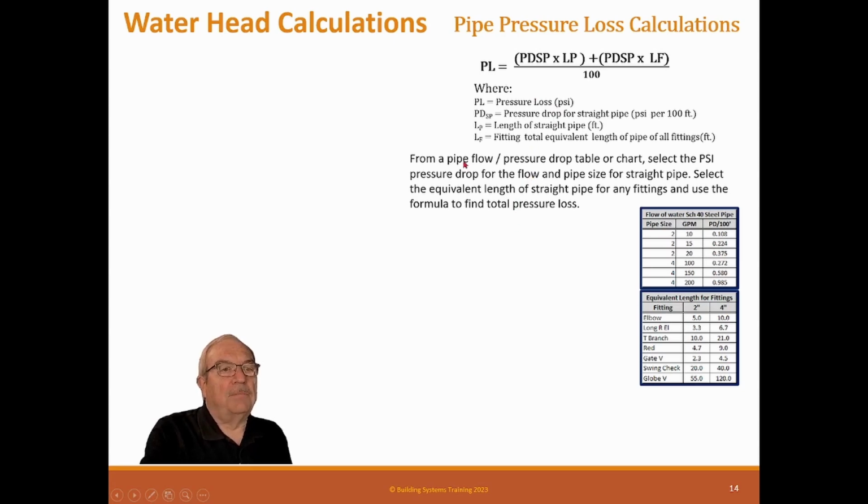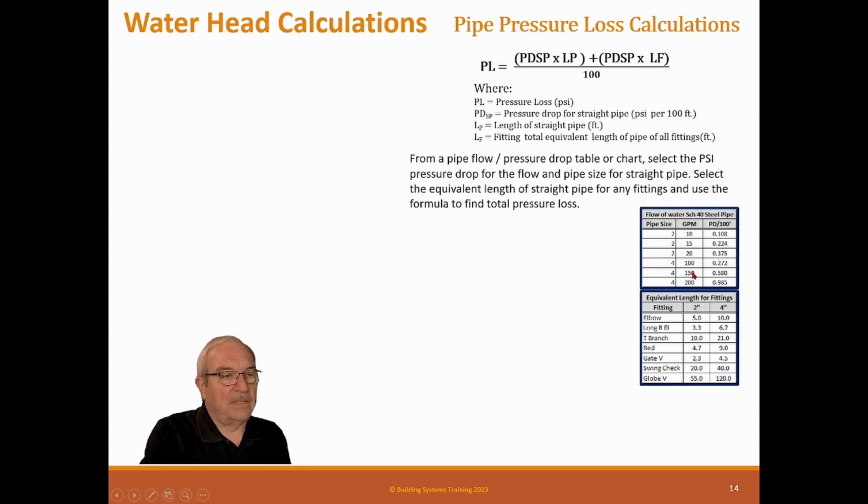From a pipe flow pressure drop, you look this up. You select the PSI pressure drop of the flow and pipe size for the straight pipe, and then you select the equivalent length of straight pipe for the fittings you use. In other words, you find a table. Carrier has tables, ASHRAE has tables.